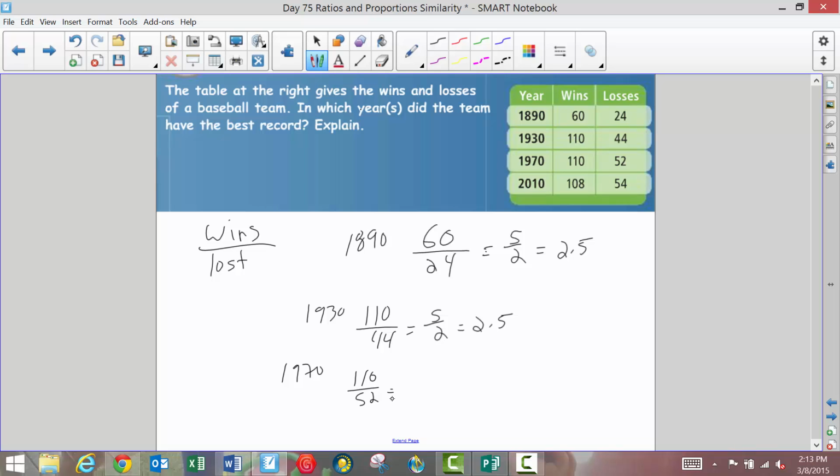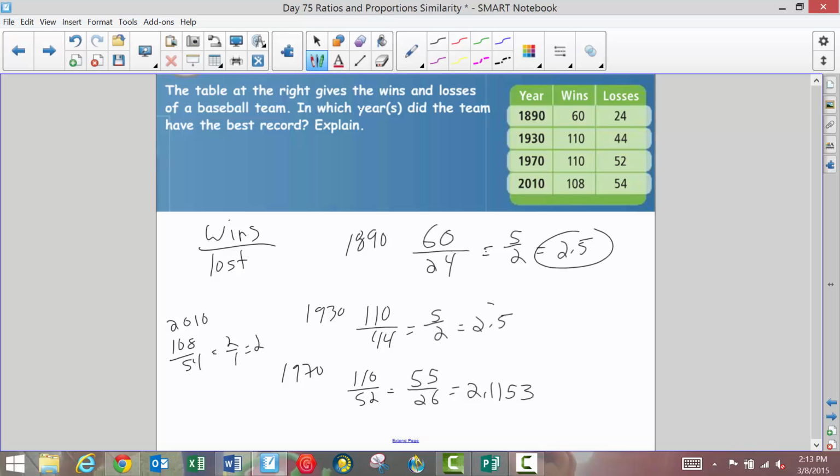If I reduce 110 over 52, I get 55/26, which is 2.1153. And then the last one is 2010. Compare 108 over 54. So 108 over 54 is just 2 over 1, which is 2.